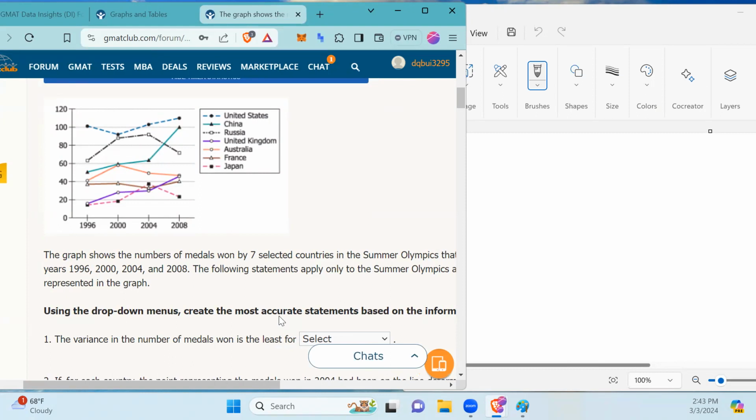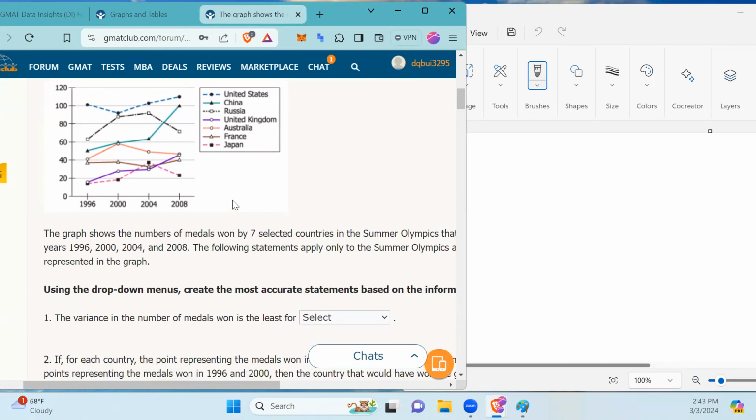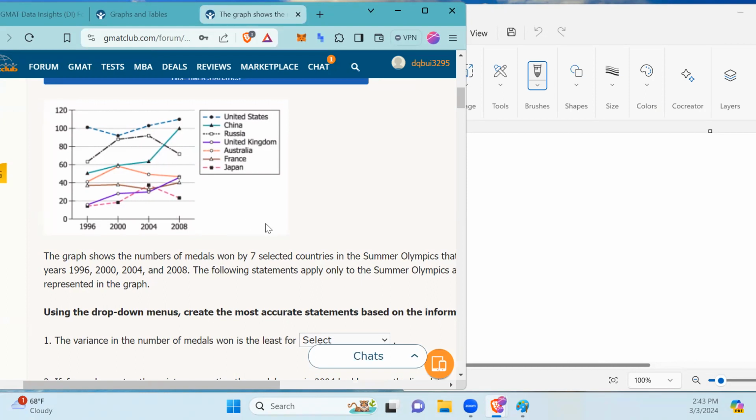The most stable country would be the line which is the straightest, closest to horizontal. Which country would that be? Which line would that be?